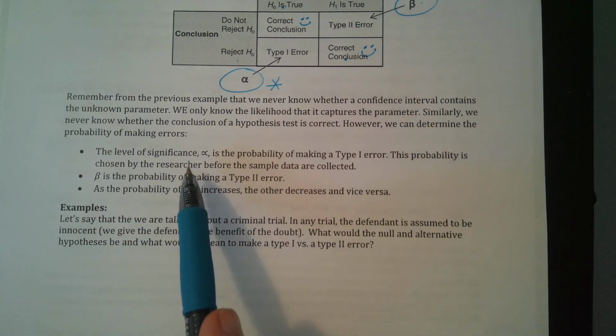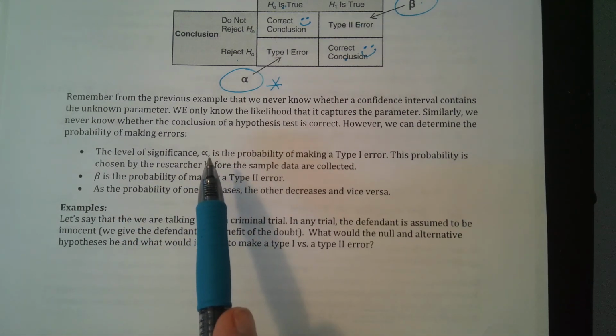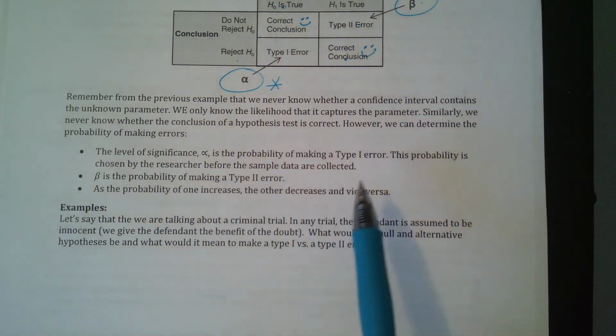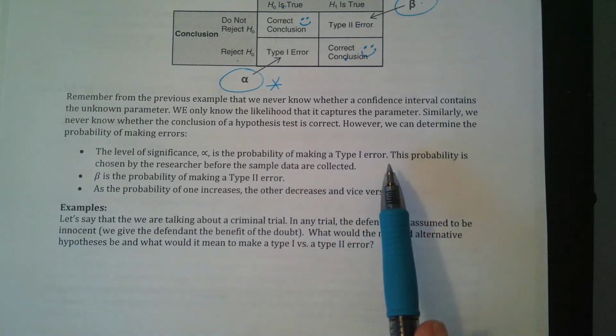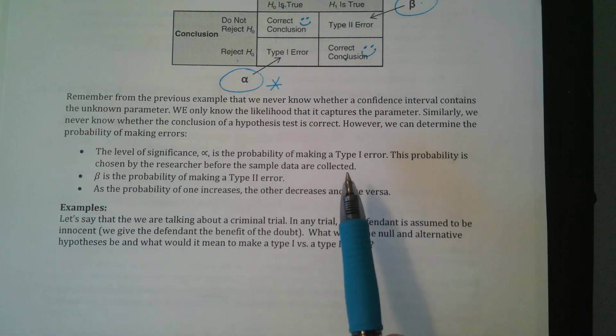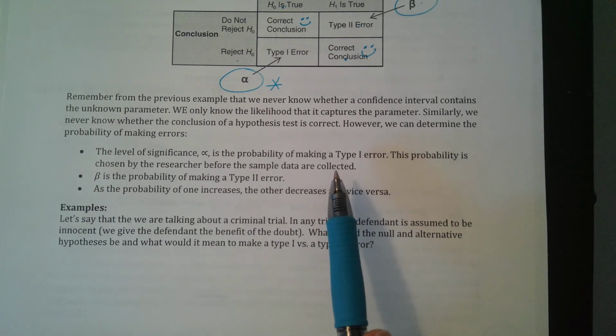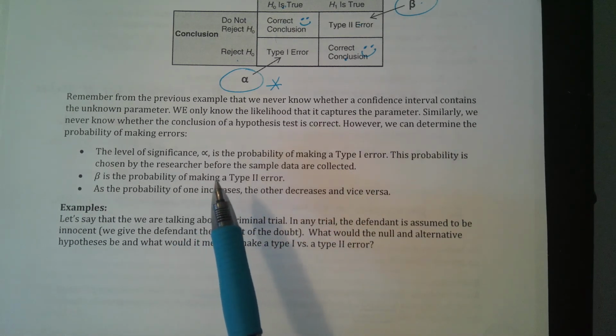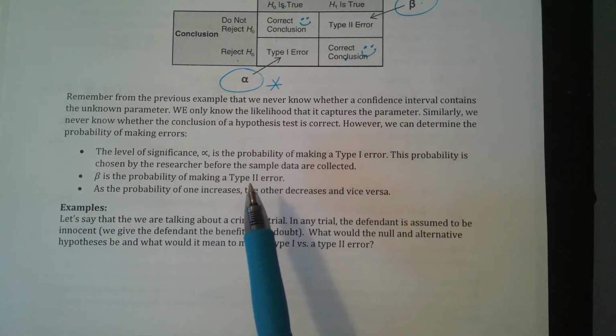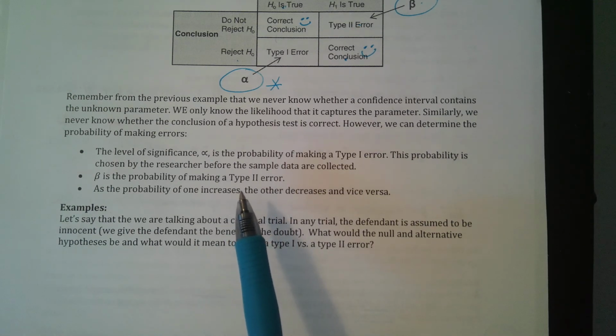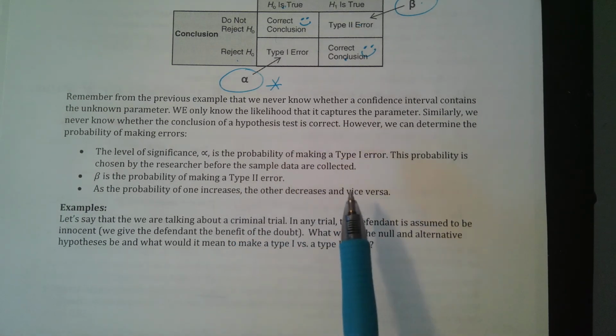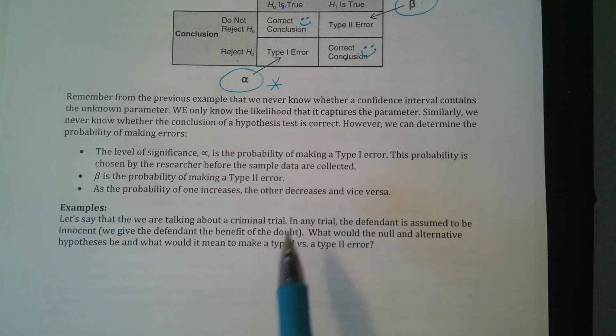Alpha is the level of significance, which you've seen back in Chapter 9. It's the probability of making that type 1 error. The probability is chosen by the researcher before the samples are collected. Beta is the probability of making the type 2 error. As the probability of one increases, the other decreases, and vice versa.